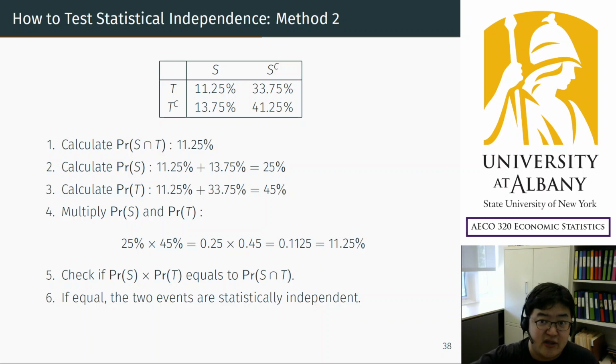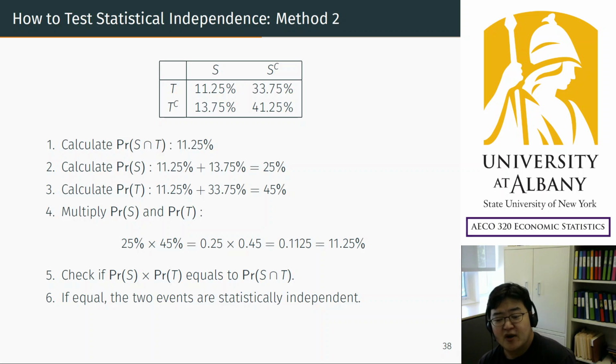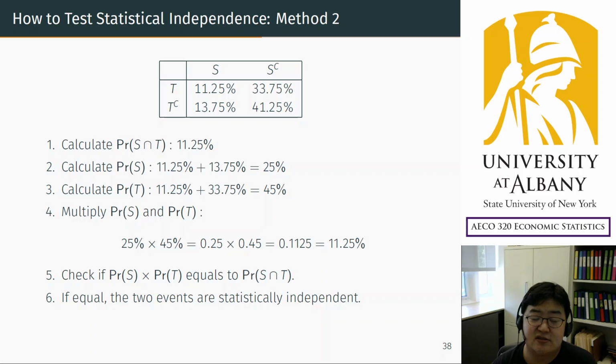But from the next video, we are going to go the other way. In many cases, the data or information are given in terms of conditional probabilities. So sometimes you only have conditional probabilities, and from there you'd like to recover unconditional probability. The method is a little bit tricky, so that's what we are going to do in the following videos.